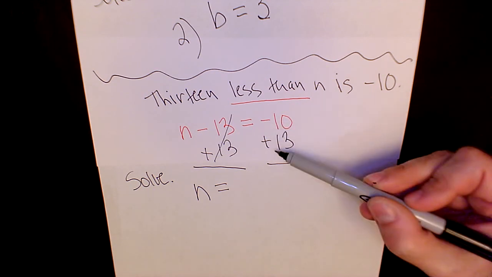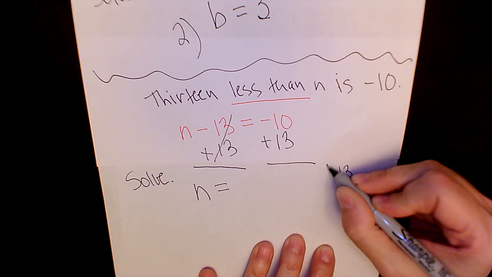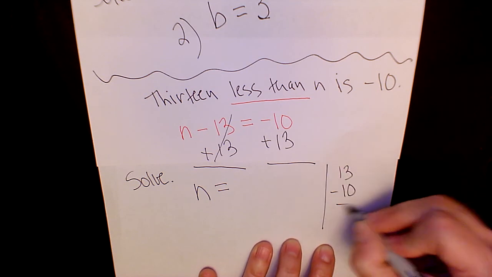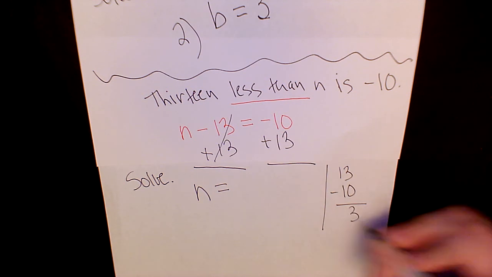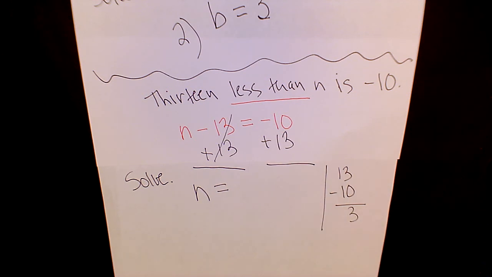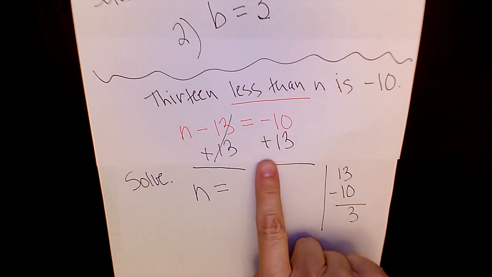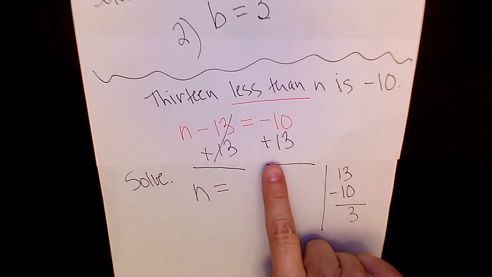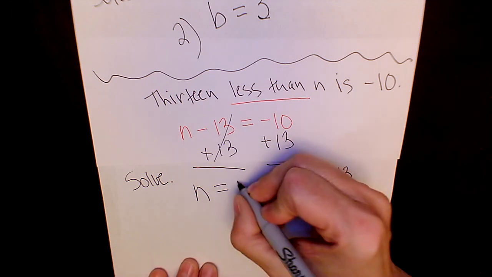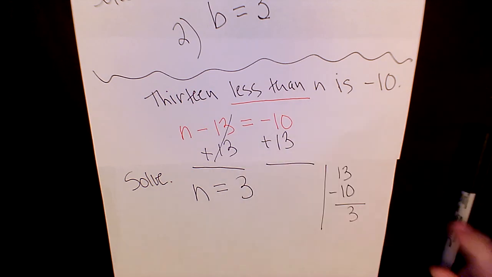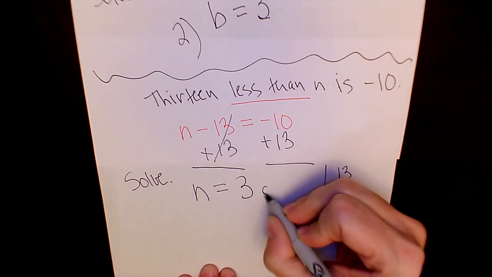I've got a negative and a positive, so I am going to subtract. What is 13 minus 10? It's just 3. Is it positive 3 or negative 3? Who's got more? Well, there's more positives than negatives, with the 13 versus the negative 10. So n is 3. And I'm done.